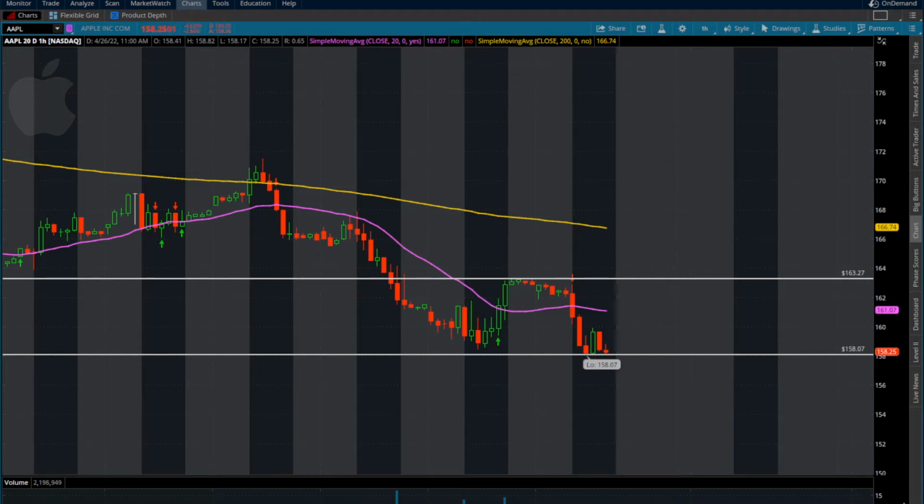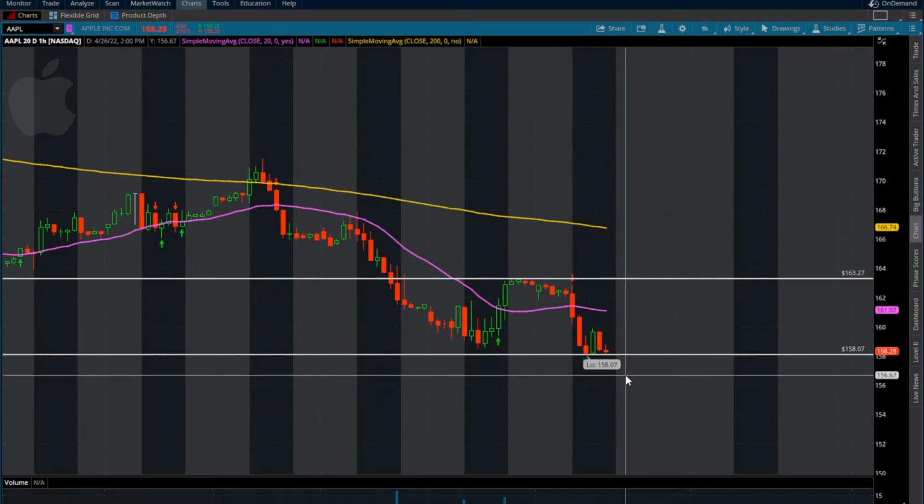Anytime you see multiple hours on the intraday chart in the same area, you can almost assume this is going to act as an area of support. So if this area does not hold and we start to break below support, we can take our opportunity at shorting.